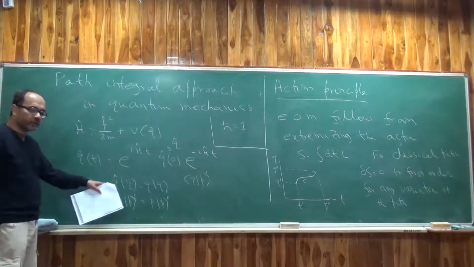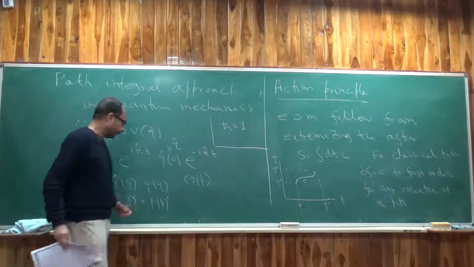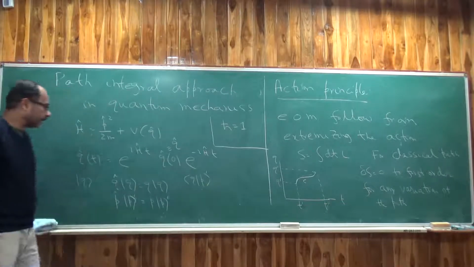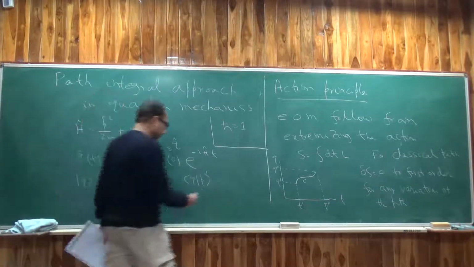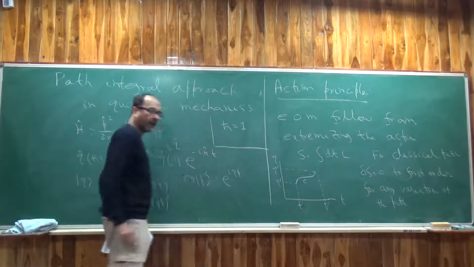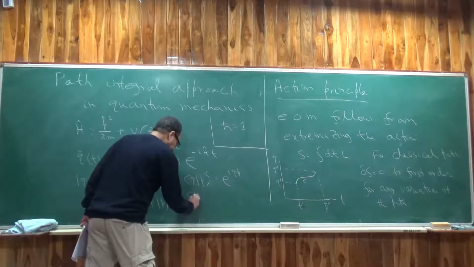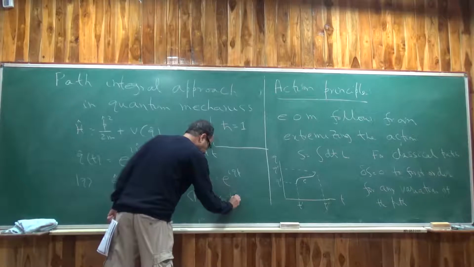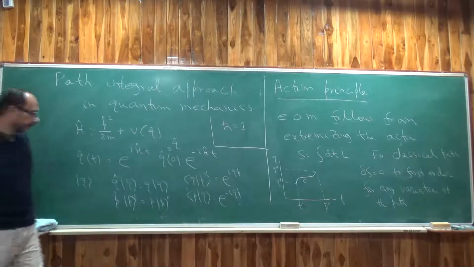First of all, <q|q'> of course will be a delta function, and <p|p'> will be a delta function. So what about this object? You know what its expression is? e to the power i q p, up to normalization, which we will not worry about right now. And <p'|q> will be e to the power minus i q p', which is the conjugate of this one.